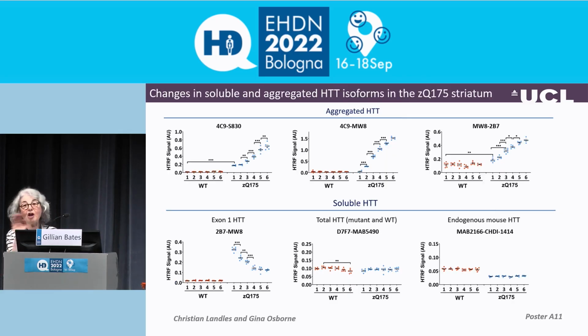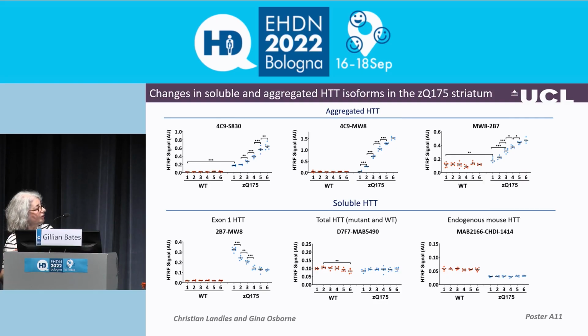And just using our set of assays for the striatum, these are the 3 aggregation assays. You can see that in 2 of them we can pick up aggregation at 1 month of age in these mice. This is our soluble exon 1 assay. So exon 1 Huntingtin is decreasing over that 6-month period, but if we look at total Huntingtin, this is measuring wild type and mutant together, there's no change.